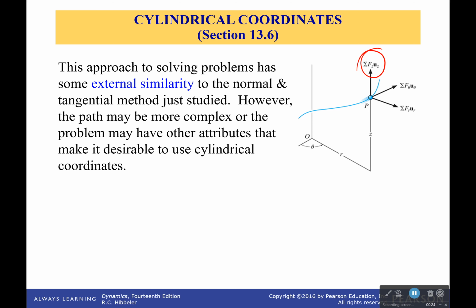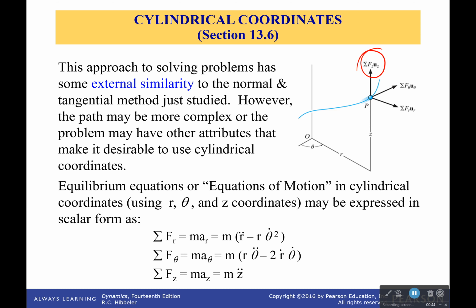So, cylindrical coordinates, it's very similar, at least externally, to our normal and tangential method. However, this path is typically more complex. For example, in this case, it's moving in 3 dimensions all at once.